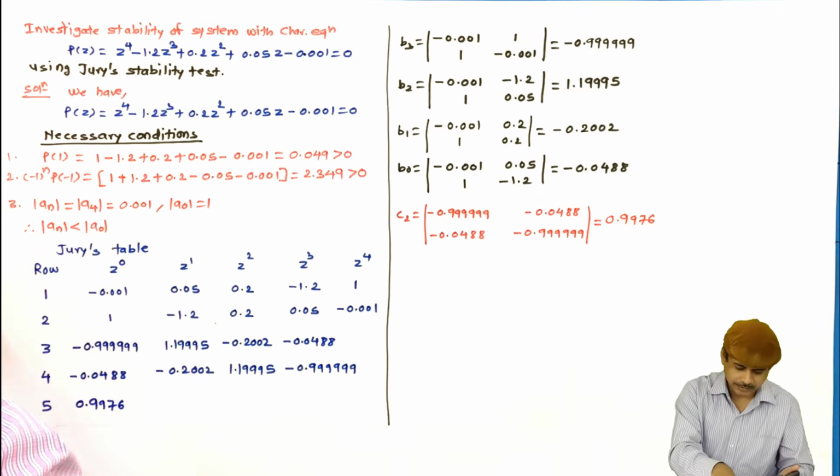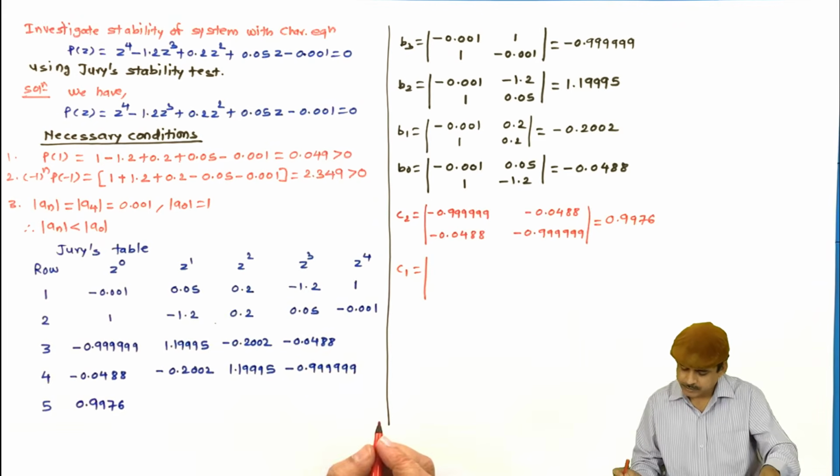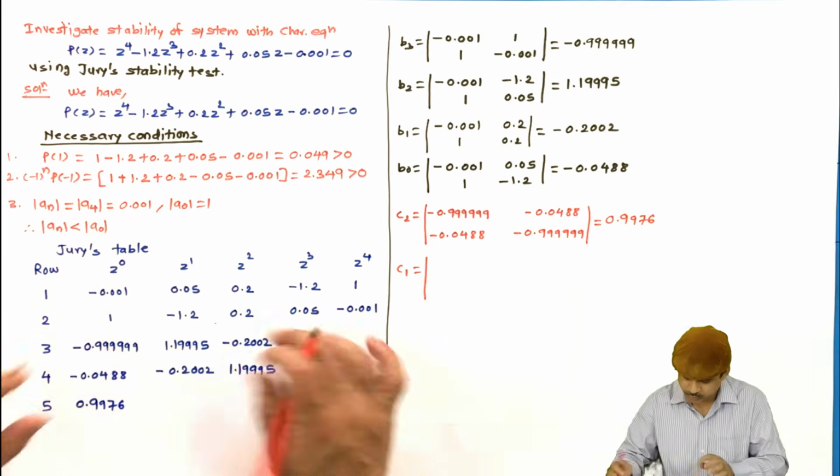Next is C1. For C1, we will have these two and these two.